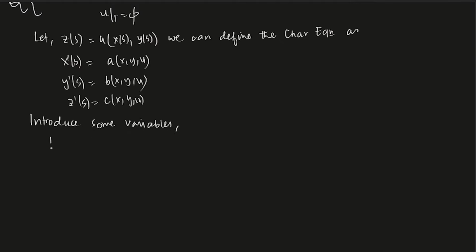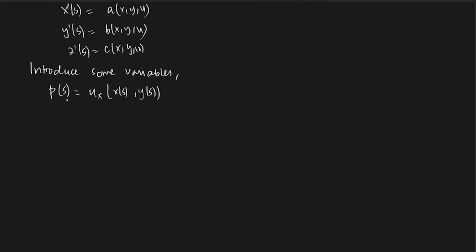We introduce a variable p of s, which is u_x at the point x(s), y(s). Essentially, initially u at the point x(s), y(s) we wrote as z of s. Here u_x at the point x(s), y(s) we are writing as p of s. Clear? And similarly q of s we are going to write as u_y at the point x(s), y(s).